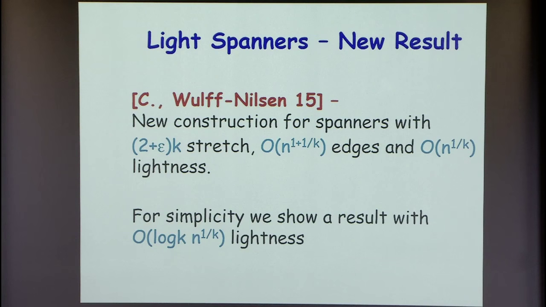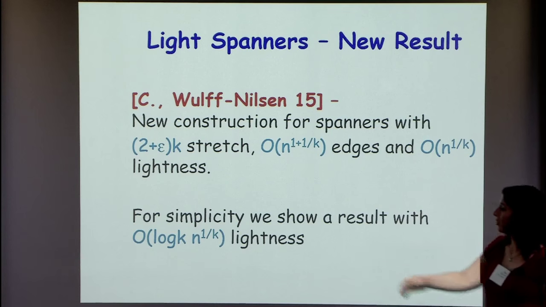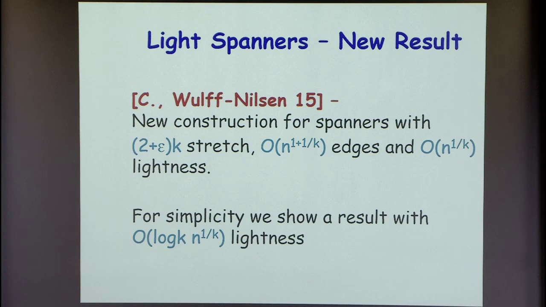It's not a greedy spanner anymore, and we show that you can get 2 plus epsilon k stretch with this number of edges and with lightness of n to the 1 over k. If you believe the Gibbs conjecture, it's optimal up to the 1 plus epsilon factor here in the stretch. And for the rest of the talk, for simplicity, I will show a much simpler construction that does not remove the k completely, but gets a low k factor here.